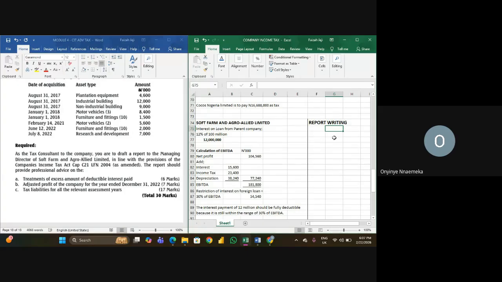So the first thing is you are creating your letterhead. What is the name of your tax consultancy company? Me, I'm saying my name. My tax consultancy company is Faiz and Co. Chartered Accountants.